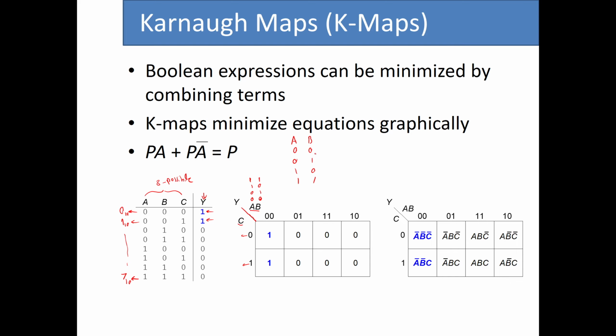So between the first combination and the second one, how many changes do we have? We have 0, 0 changing to 0, 1. So as you can see, when we go from the first combination to the second one, only the value for B is changing. So we have 1 change here.